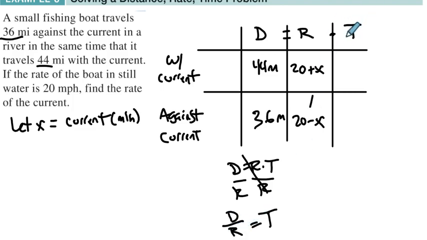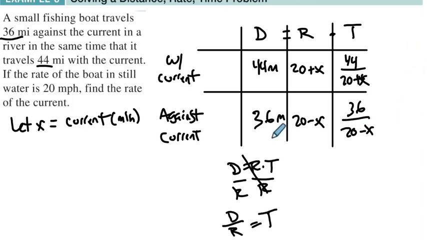So my t here is my distance over my rate: 44 over 20 plus x. And the same thing here, distance over rate: 36 over 20 minus x.